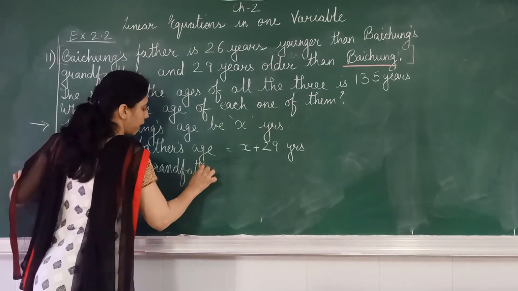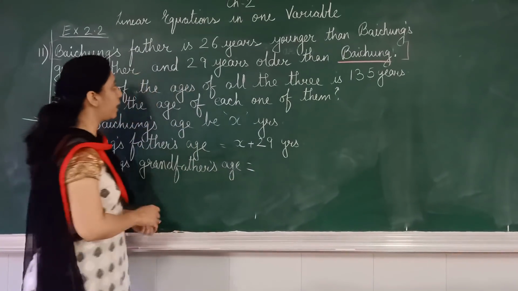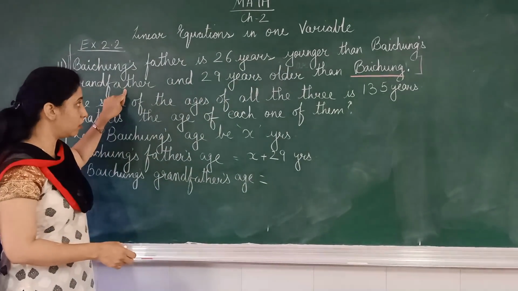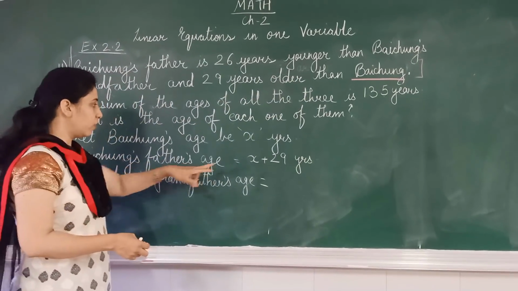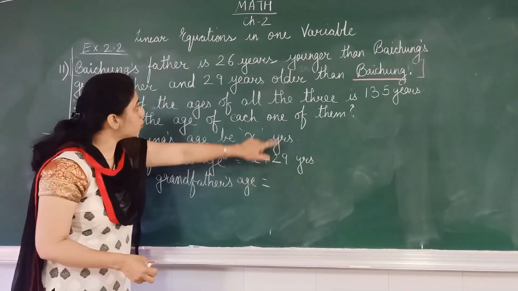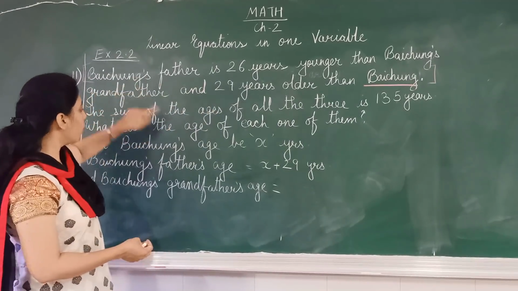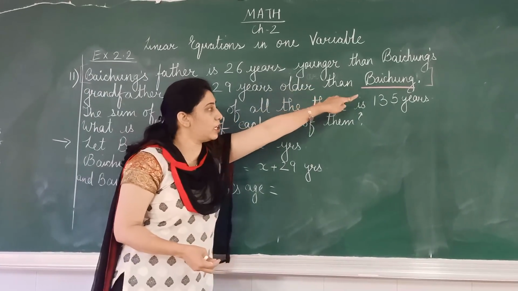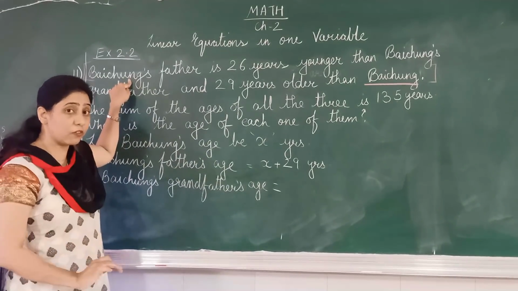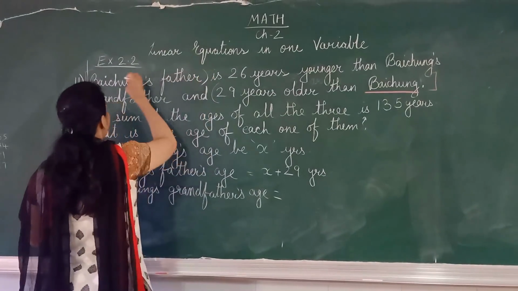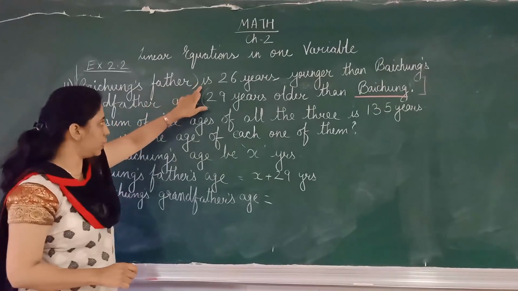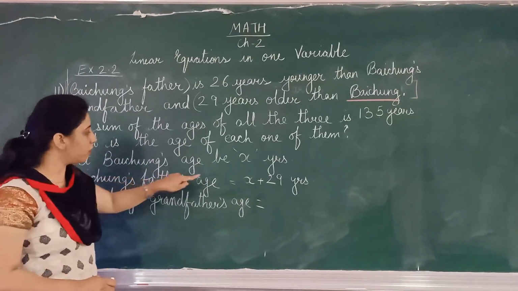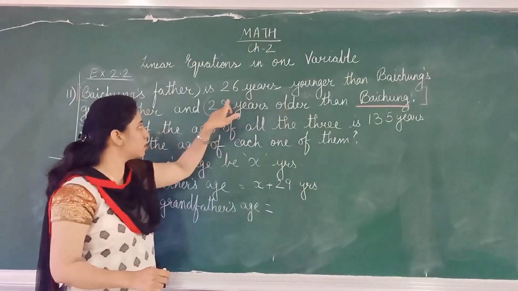Baichan's father is 29 years older than Baichan, so when Baichan is x years, Baichan's father will be x plus 29.